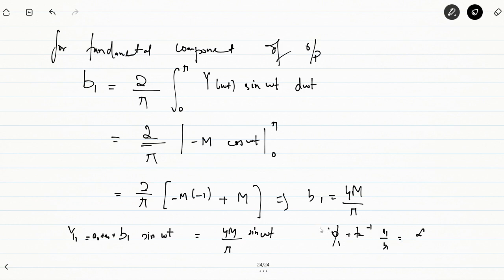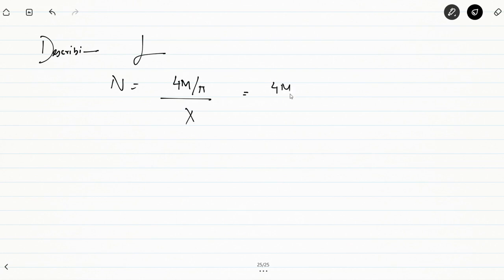The describing function N for this system will be given by y divided by x, where y is the magnitude only, so 4m divided by pi, angle 0, divided by x. So it is 4m by pi x. This is your describing function of this on-off non-linearity.